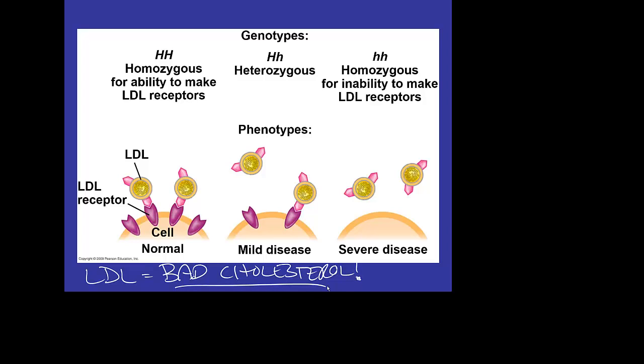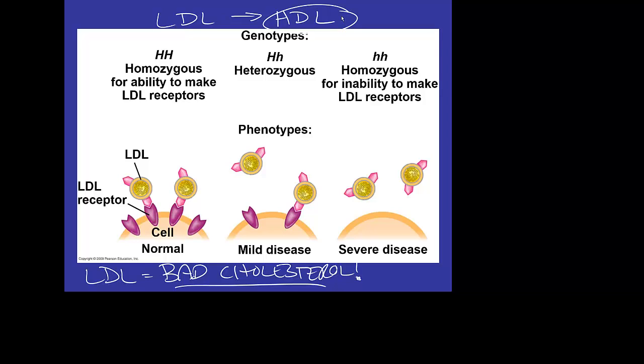But what we look at is the ability to keep that bad cholesterol from circulating in your blood. We actually convert LDL to HDL, the good cholesterol in your body. We want HDL. So our job of our cells is to take up LDL and make it into HDL.